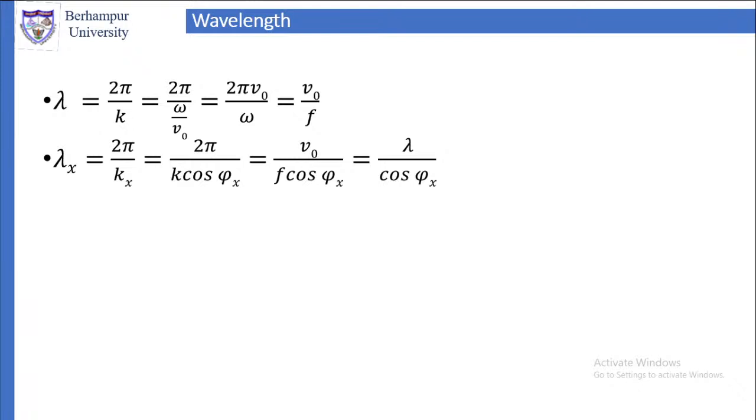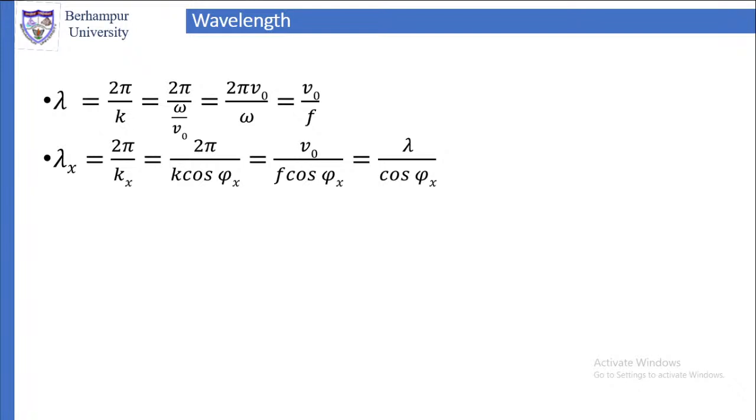For k we can write 2 pi f by V0, so that gives V0 by f cos Px. Since V0 by f is equal to lambda, lambda x is equal to lambda by cos Px.